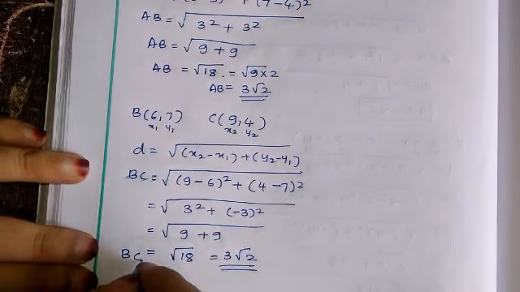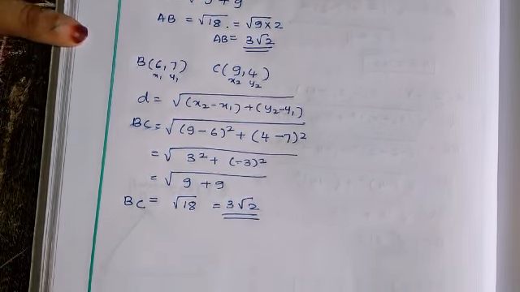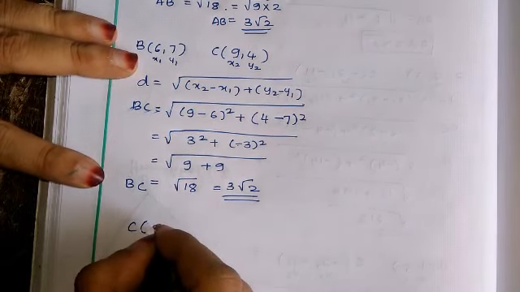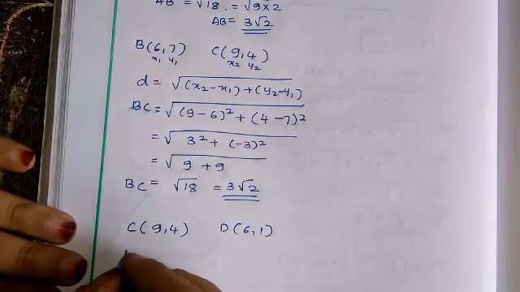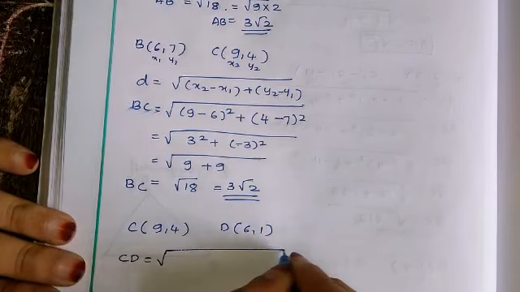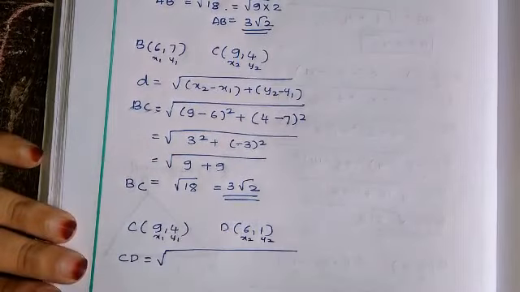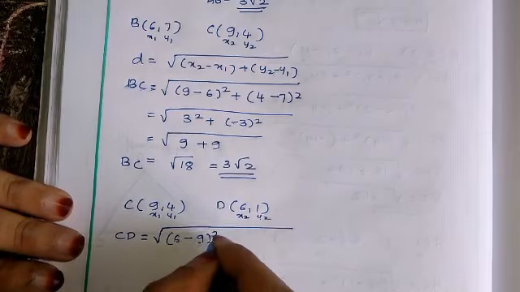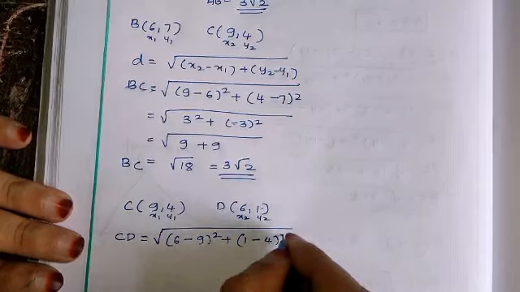This is about BC. AB finished, BC finished. Now let us go for CD, with C point 9, 4 and D point 6, 1. Same distance formula, root of x2 minus x1 whole square plus y2 minus y1 whole square.